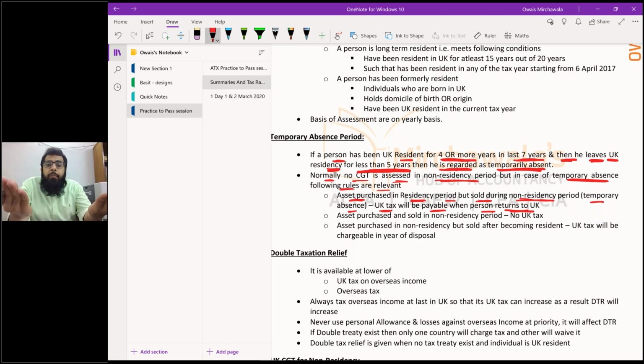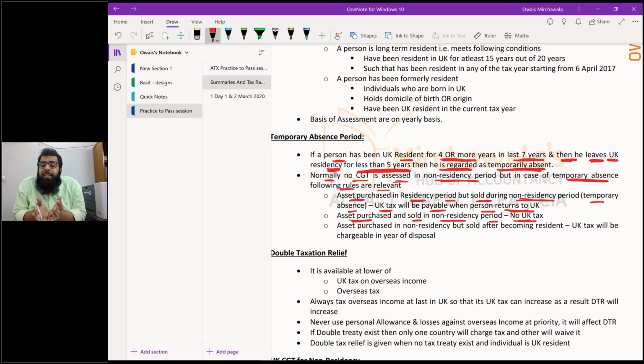If any asset is missing, if you have sold any asset during non-residency, we will charge tax on that disposal whenever you come back. Okay. Now, assets purchased and sold in non-residency period, no tax is payable on that. Now, what do you mean by this?